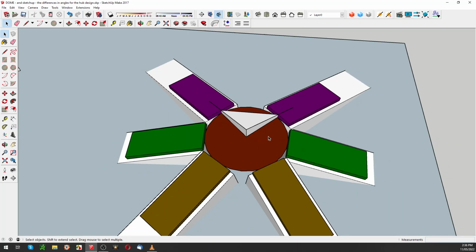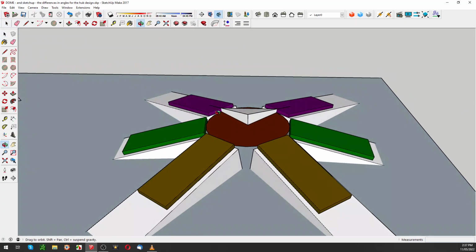Now, what I'm aiming to do is to have my tabs bent to specific angles to accommodate the differences in my struts, but they land on a plate so that they'll come up and then they'll angle, instead of being still inclined, they angle to the plate and drill through the plate.